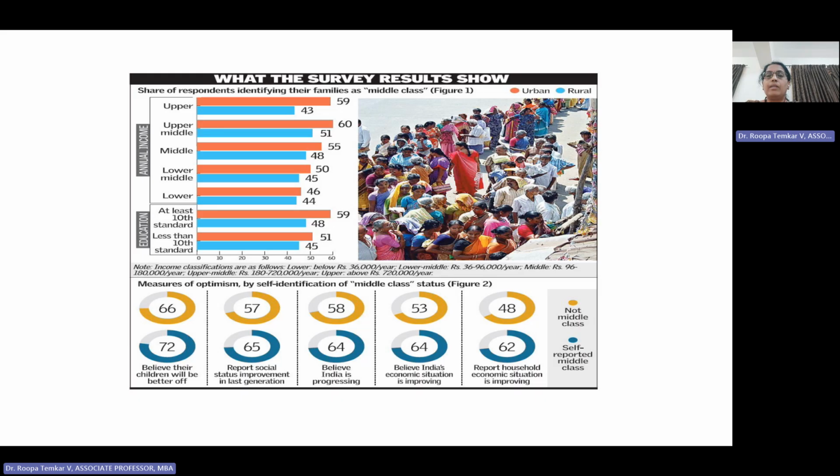So here we can see the statistics says that the percentage of the survey results shows that, if we classify the people as upper class, upper middle class, lower, and below that lower class, then the majority fall between 50 to 60, that is, middle to upper middle class.